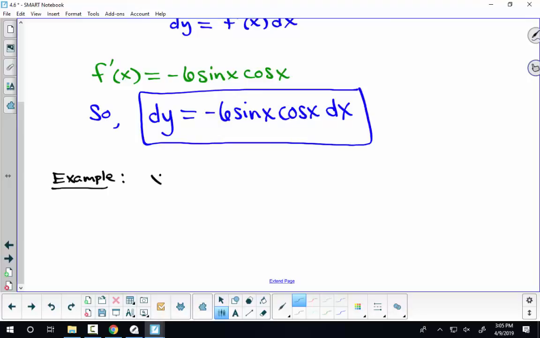Let's say x increases from x equals pi over 4 to x equals pi over 4 plus 0.1.